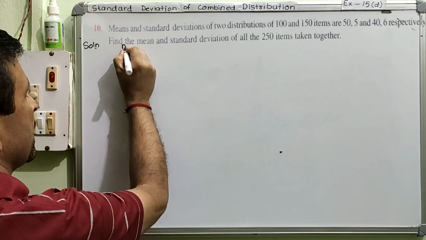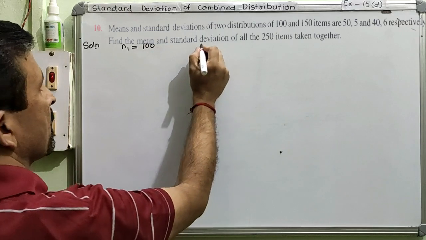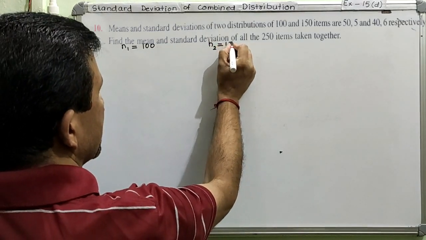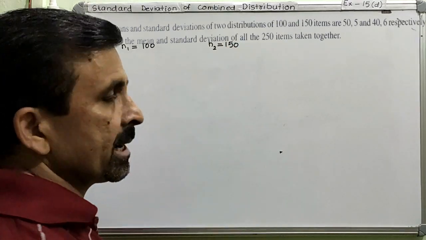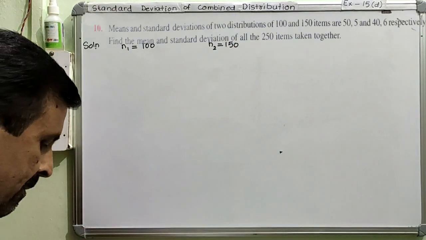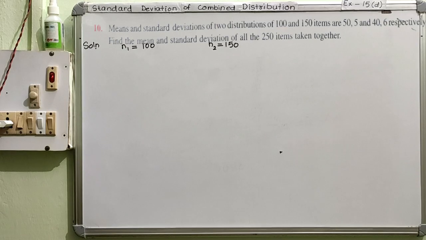Here we have n1 equal to 100, n2 is 150. Clear? Now we have the mean and the standard deviation.